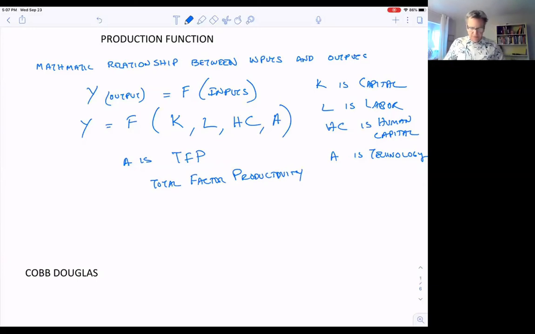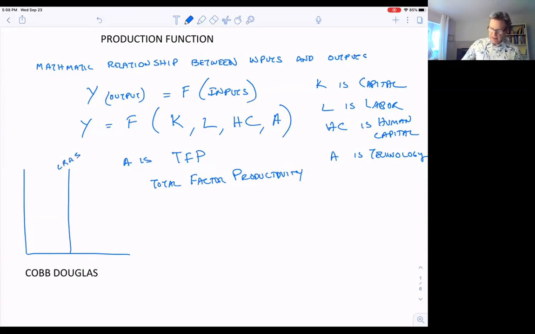So graphically, we can describe this with the aggregate demand, aggregate supply curve. The long run aggregate supply curve, remember, is vertical. And on this axis, we can put price or inflation.